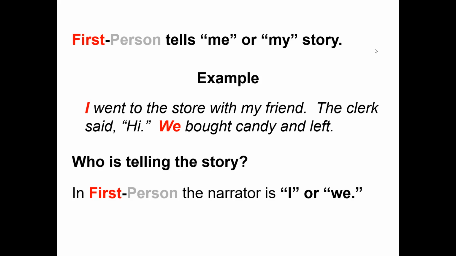Yeah, we know the narrator is telling the story in all the persons, but who is telling the story? Like, what pronouns are going to be used? We. We and what else? Me or my. I or we, right? And so me or my, you have that being used as well.